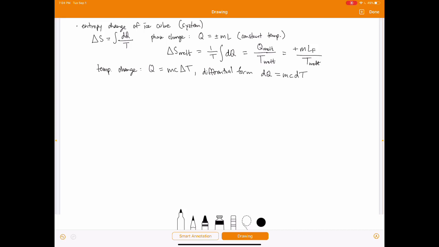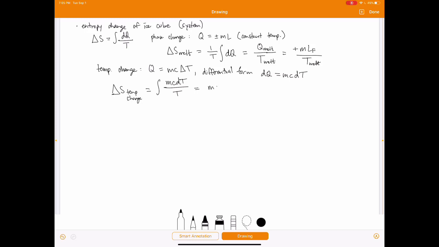That's how we do it. So then delta S for the temperature change would be given by the integral of mc times dT over T. Okay? Because, again, dQ is mc times dT, as we just said.